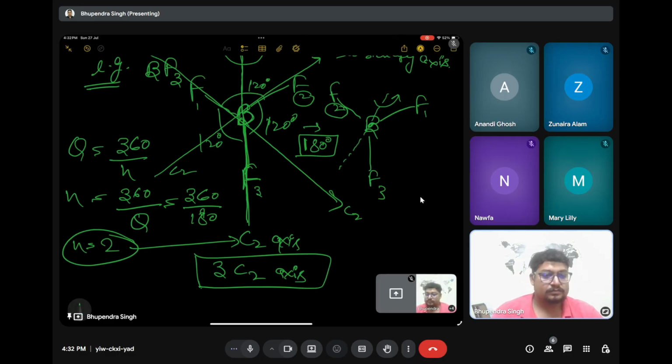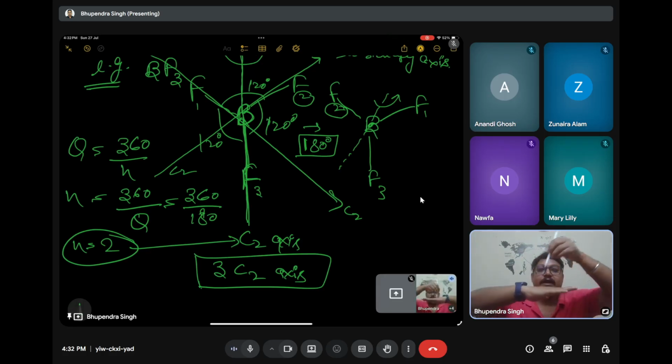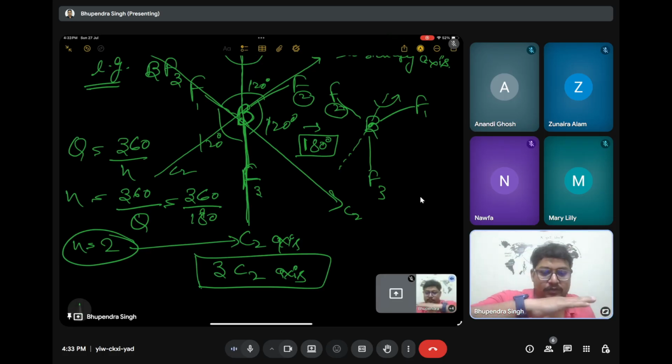You are not supposed to rotate the molecule, but you have to visualize this axis. So how many will rotate? 3. Fluorine 1, fluorine 2, fluorine 3. So what should be the n?